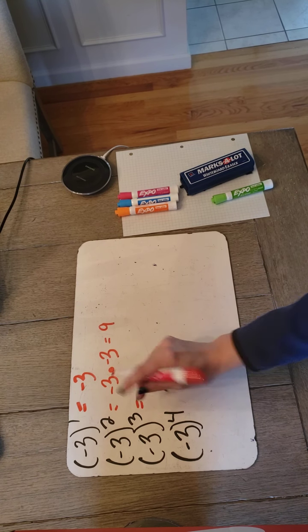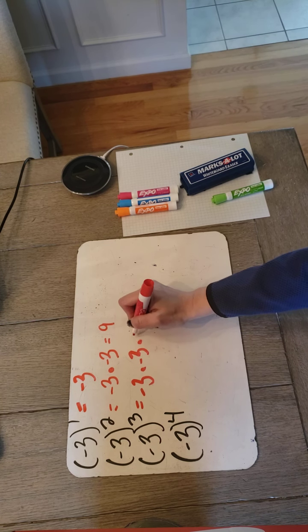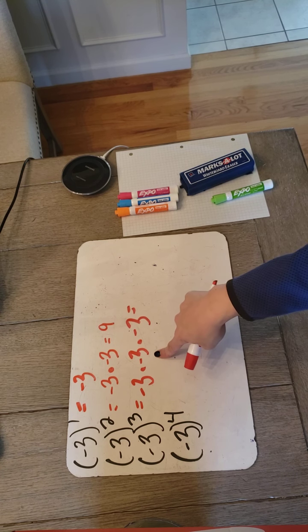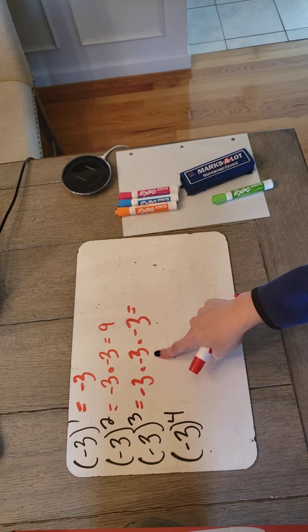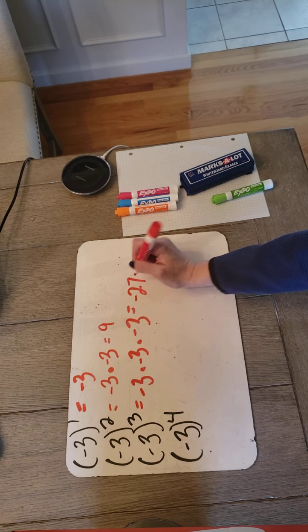All right, so if you have negative 3 to the third, negative 3 times negative 3 times negative 3, we know negative 3 times negative 3 is a positive 9, and positive 9 times negative 3 is negative 27.